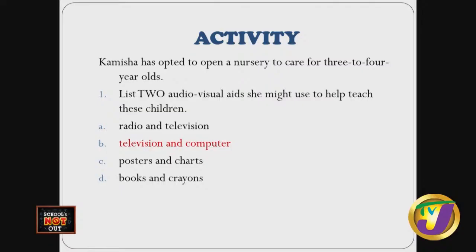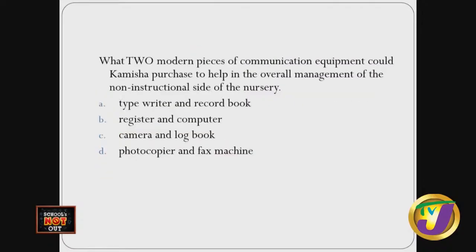And our last question. What 2 modern pieces of communication equipment could Kamisha purchase to help in the overall management? We're looking at management now, not teaching, of the non-instructional side of the nursery. Is it a typewriter and record book?